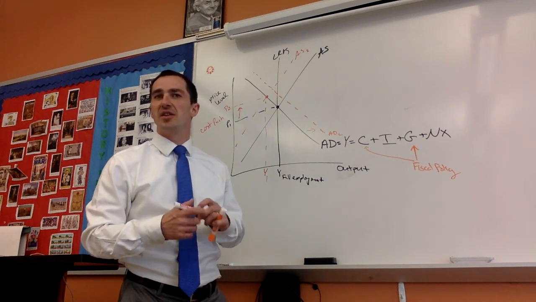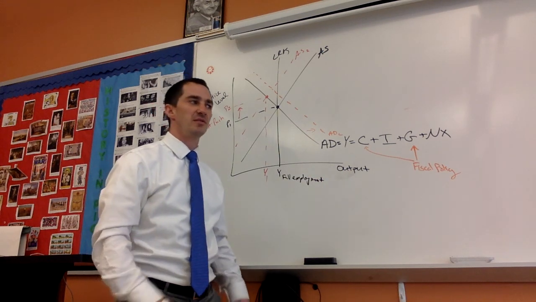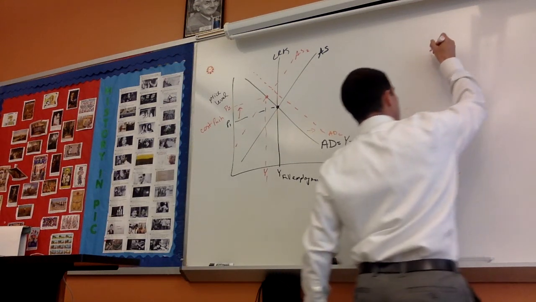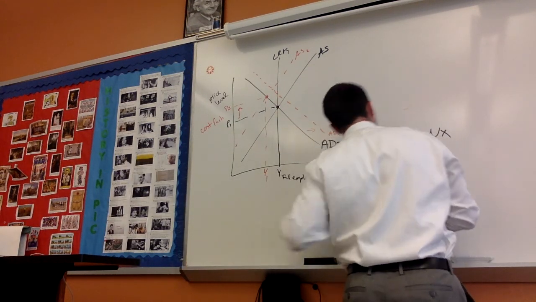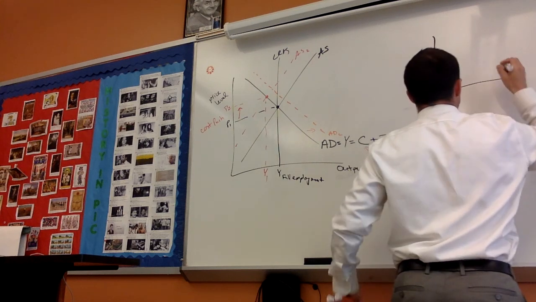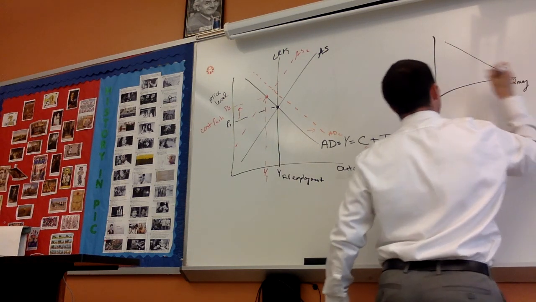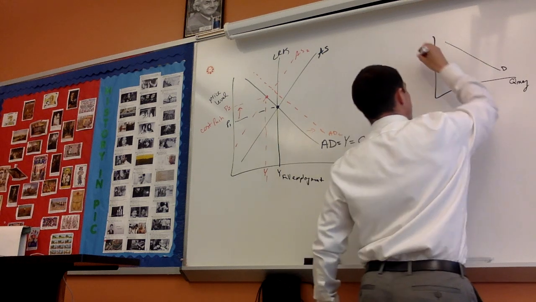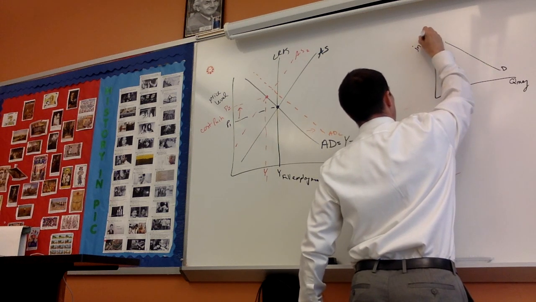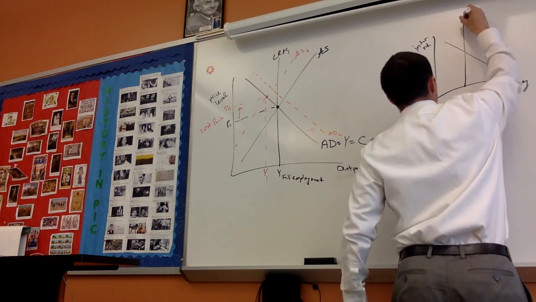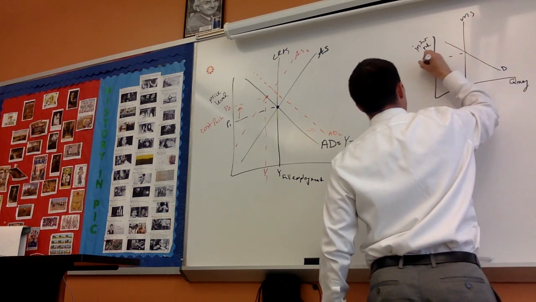So instead, the nonpartisan Federal Reserve Bank says, hey, look, here's the money market. Here's the demand for money. Here's the interest rate. And here's the money supply right now and the current interest rate.